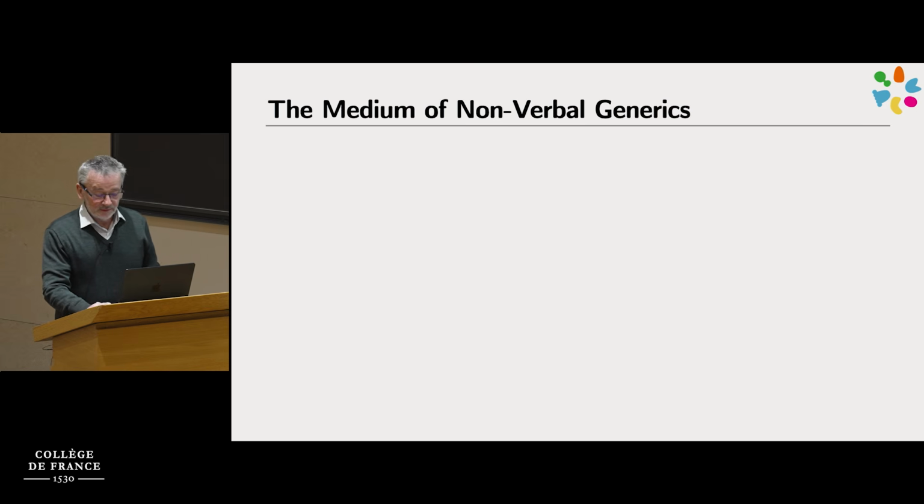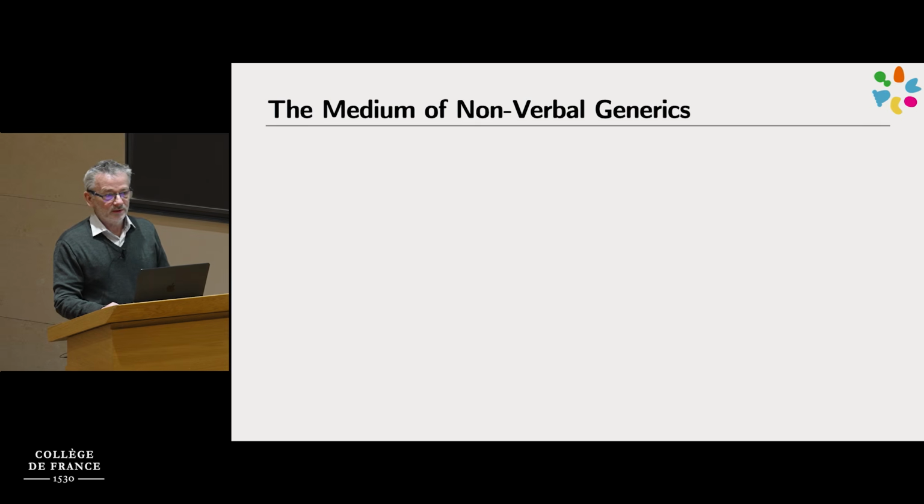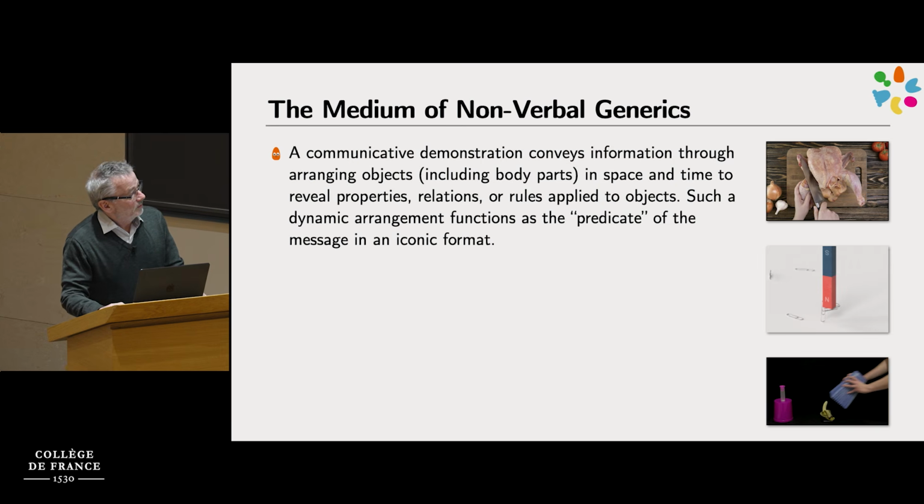And so in the final 2 minutes, I'd like to show you how we try to generalize what's going on here in a wider context, and say something about the medium of how this nonverbal generics works. Most of these studies that I showed you that are relevant here are communicative demonstrations of properties and actions to infants and young children.